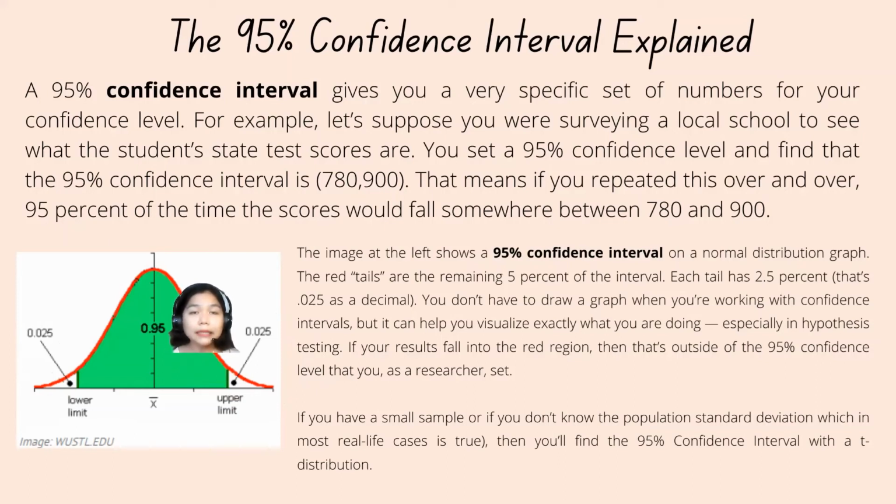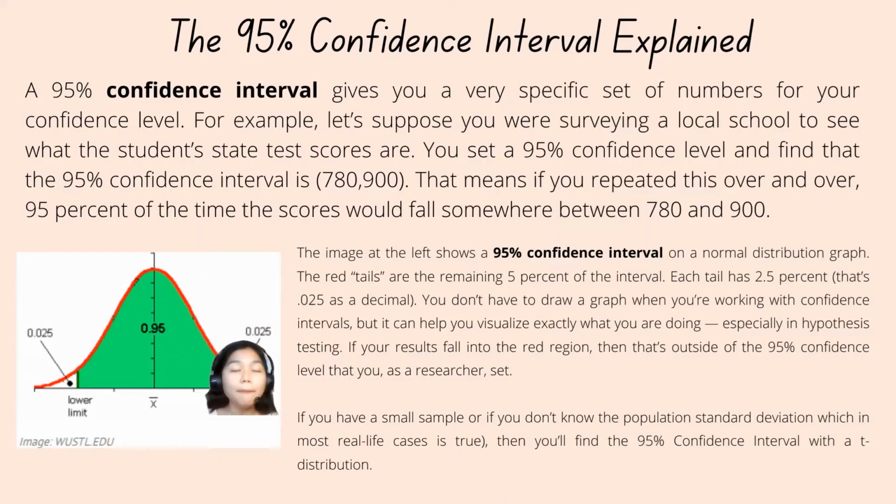Because we should know whether the shaded region is the part where we reject or accept our null, or where we fail to reject. If your results fall into the red region, then that's outside of the 95% confidence level. So you are going to decide, for example in hypothesis testing, whether to reject or accept the null hypothesis.